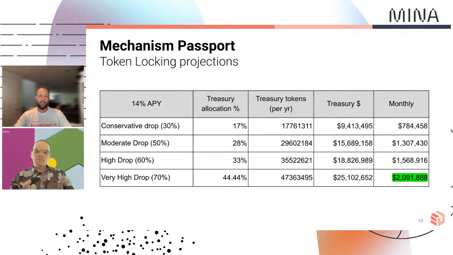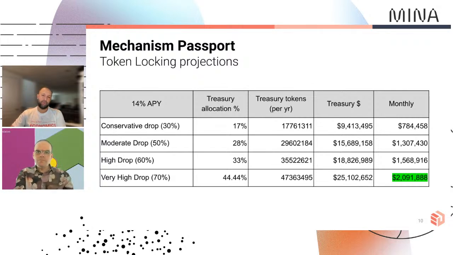Because we know that we need to build many things, and we need to rely on these builders to make sure that we're building the strongest protocol possible with the lightest impact possible, because we know that Mina is the lightest blockchain. So that being said, I have highlighted in green what scenarios would take us to approximately $2 million in revenue per month, which is our current objective.